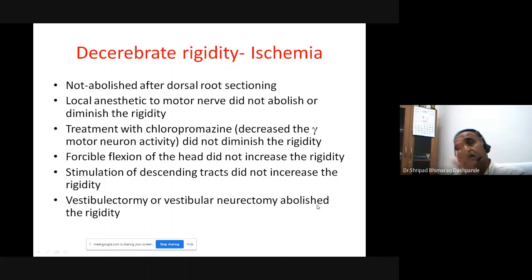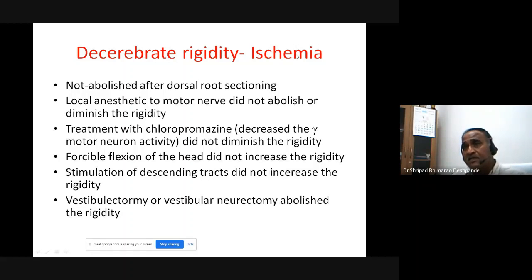So they found that the ischemic rigidity is different from the intercollicular decerebration, that is, classical decerebration. What is the difference? This one is dependent upon the vestibular system, and the vestibular system directly stimulates the alpha motor neuron.